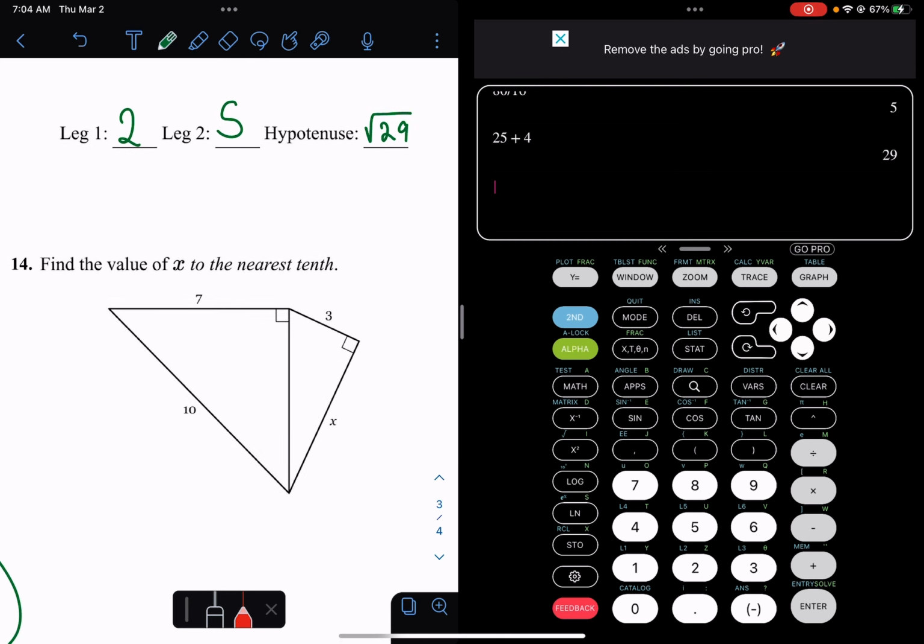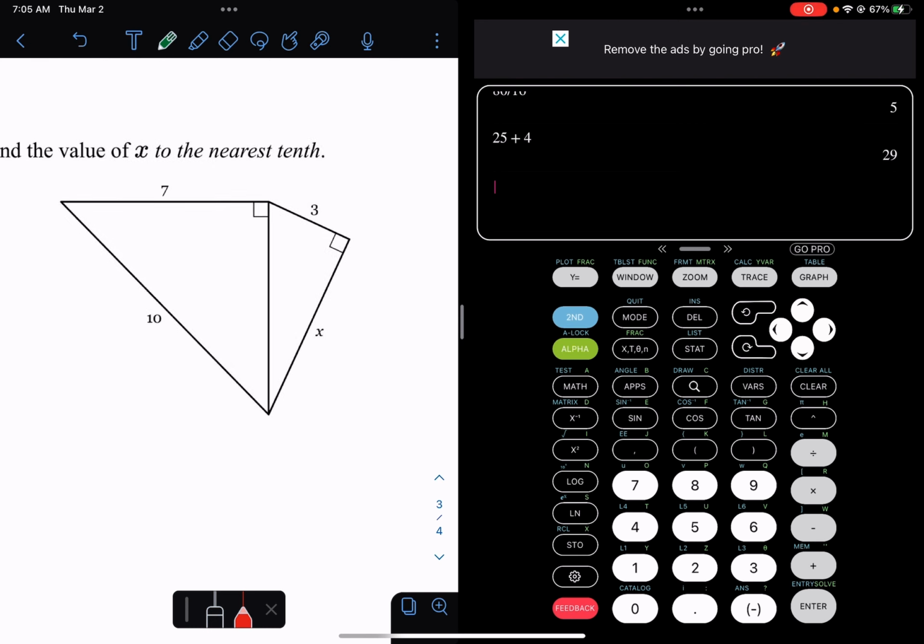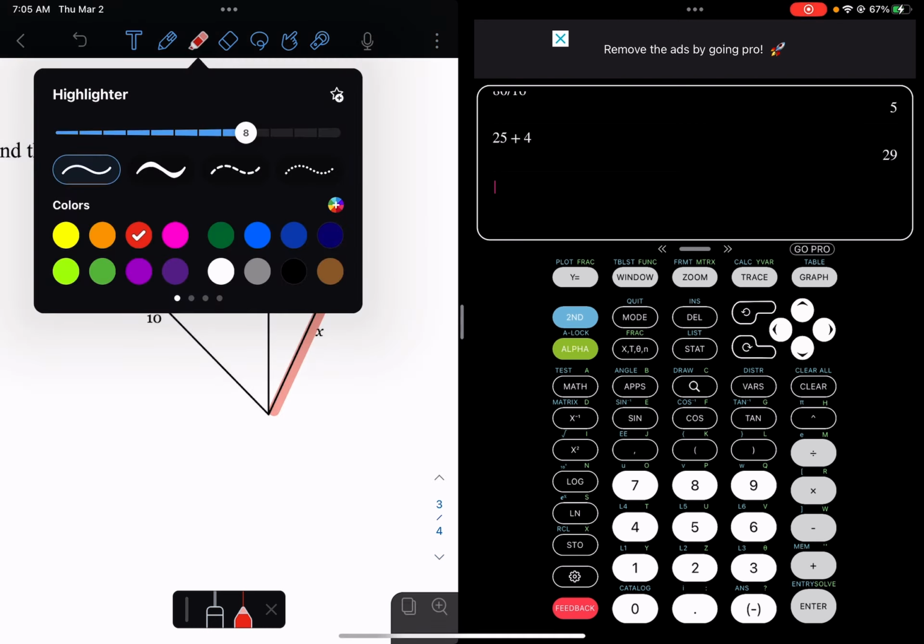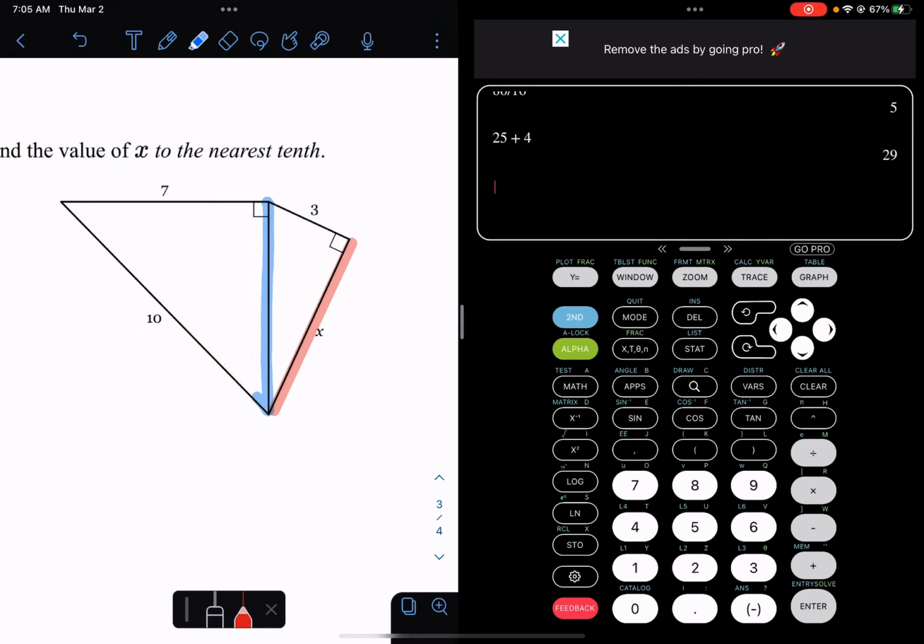So for these, some of them you have to do Pythagorean theorem multiple times. Now, in the intermediate step, just leave your answer in radical form. You don't even have to simplify it, but don't round. So I'll show you what I mean there. What they're asking for is this length here. So first, we're going to use this triangle and figure out this side because we need that side to solve for x.